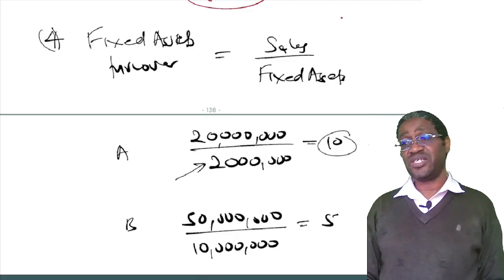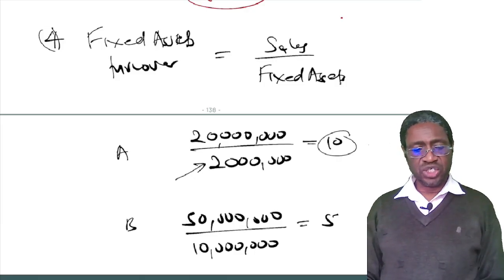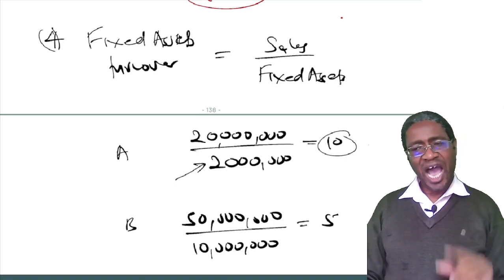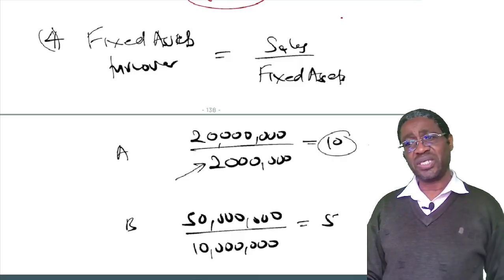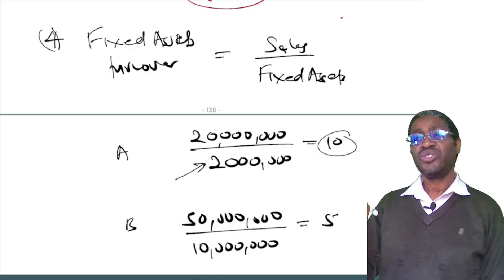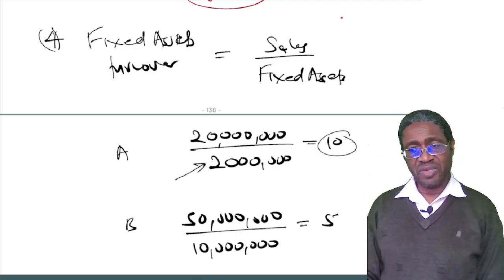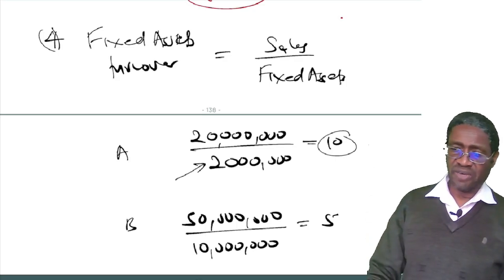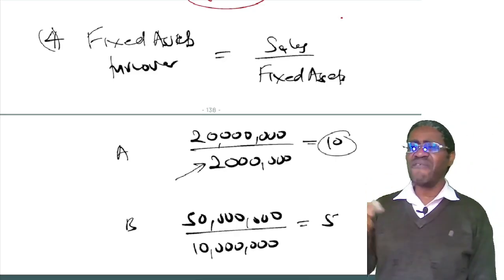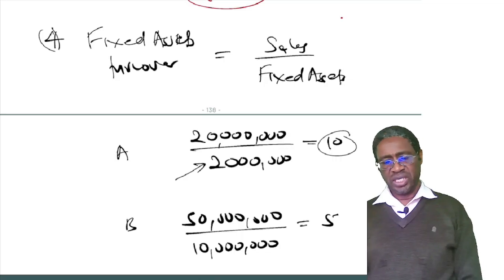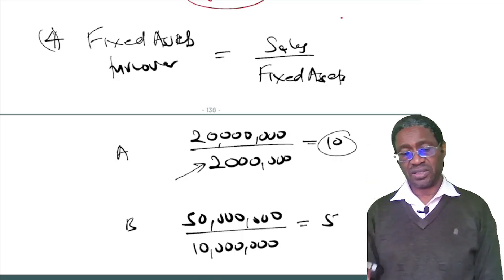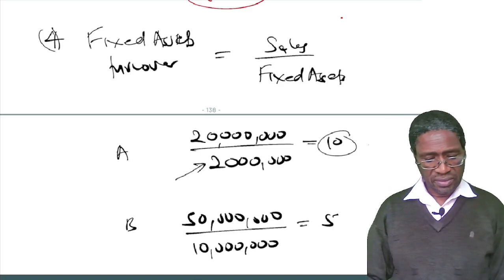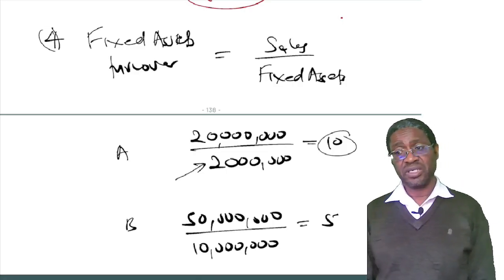Below that, this ratio indicates how much a firm is able to generate as sales from every shilling invested as a fixed asset.